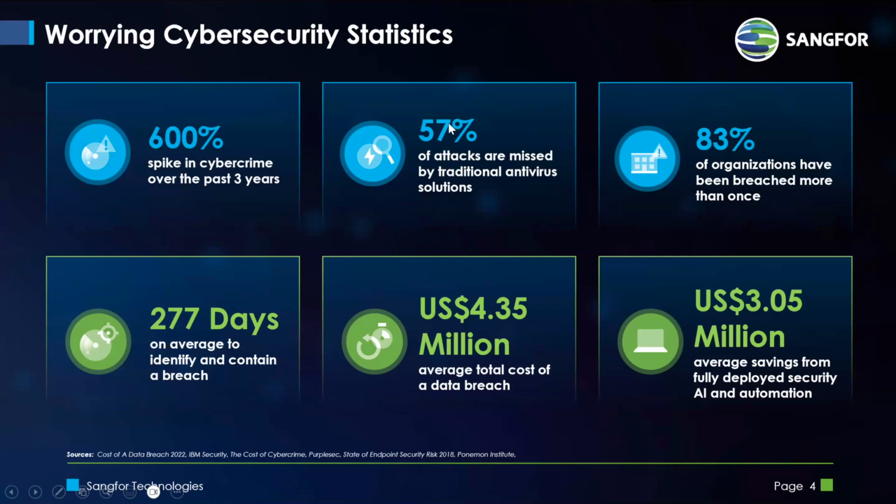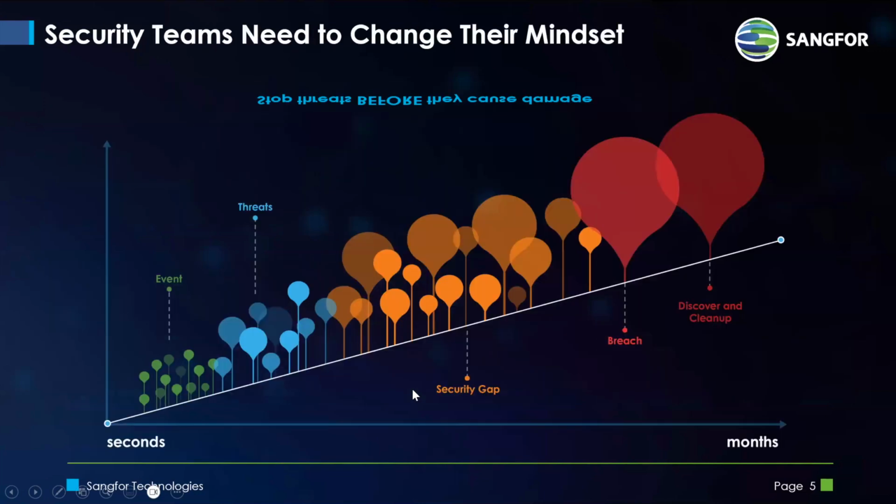And the second thing is that you can see a lot of black swan incidents, like a 600% spike in cybercrime over the past 3 years, and 57% of attacks are missed by traditional antivirus solutions. And there are also financial losses you can see from anywhere nowadays.